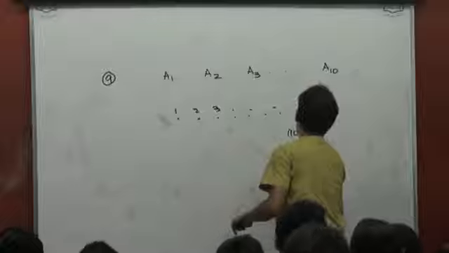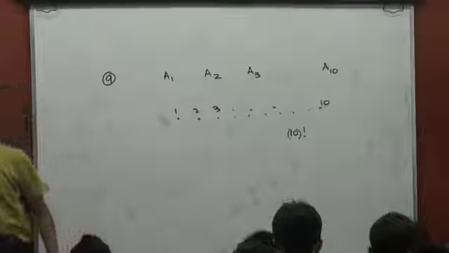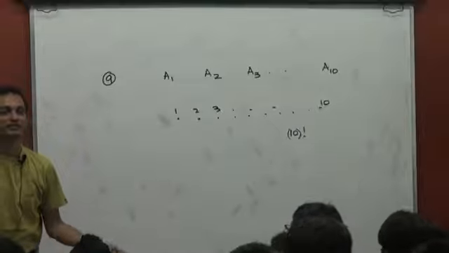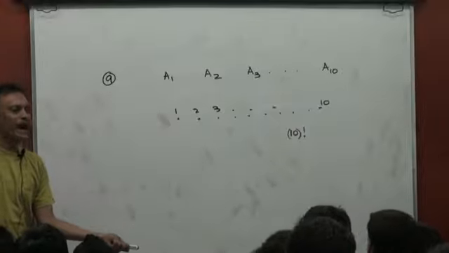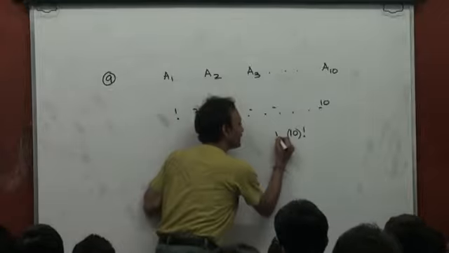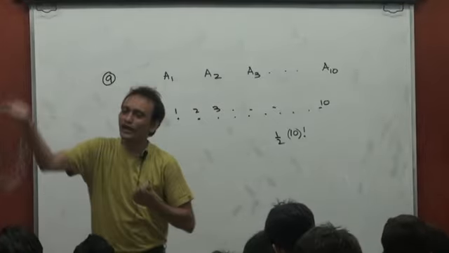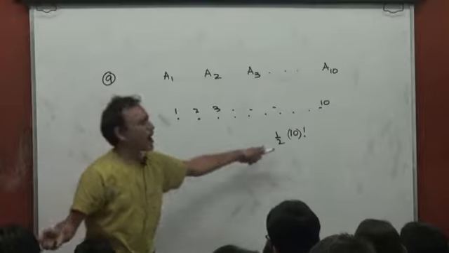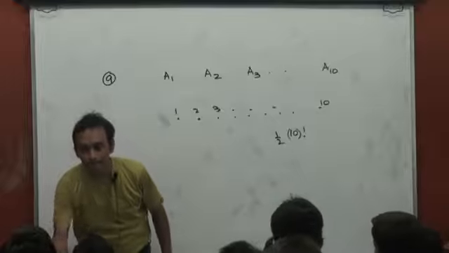Now, in half of these ways, A1 will be above A2, in the remaining half, A2 will be above A1. Very simple. So half into 10 factorial makes sense to you, right?